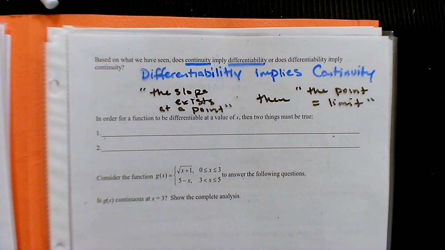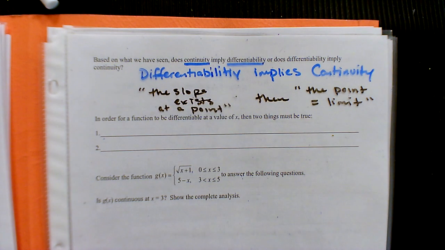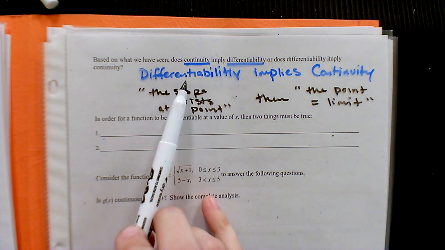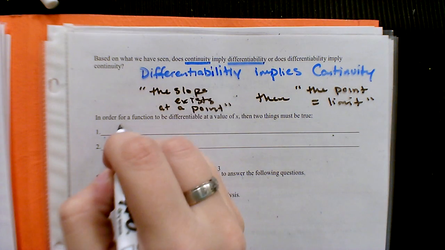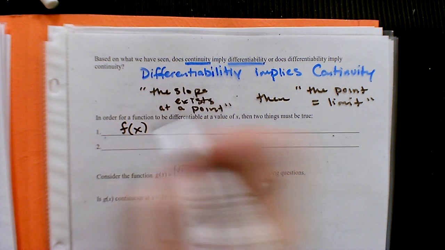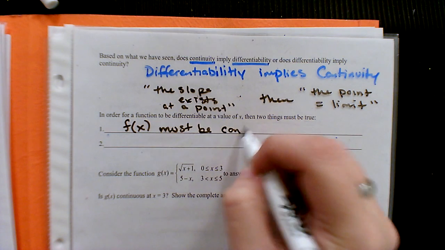So in order for a function to be differentiable, we're going to have to check two things. Okay, one of them is continuity. So in order for the derivative to exist, you must be continuous. But then we also have to check out that slope idea that I kind of mentioned at the beginning, where you have to check the slope from the left and the slope from the right. So we're going to jot those two things down here. So f of x must be continuous.